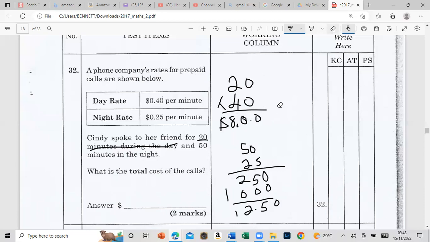So all we have to do is just add the $8 and the $12. That's $20 and 50 cents. So that would be $20.50. Very cheap.